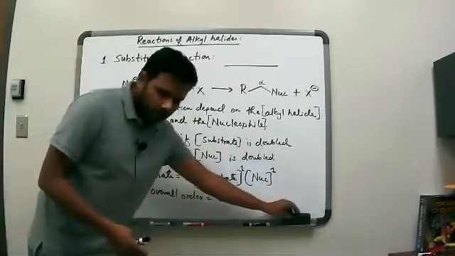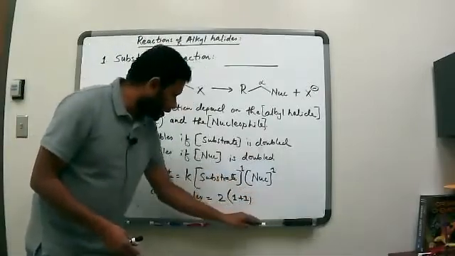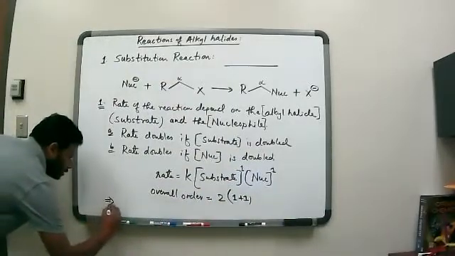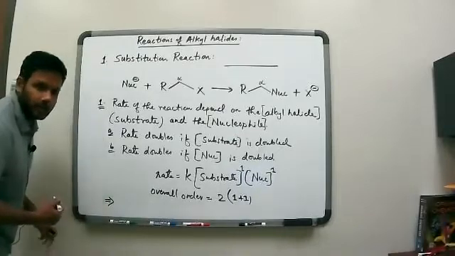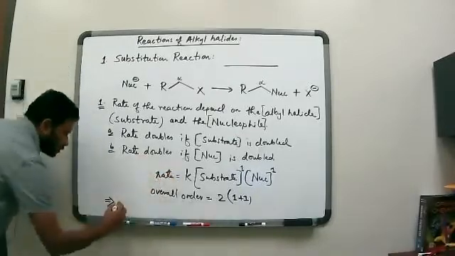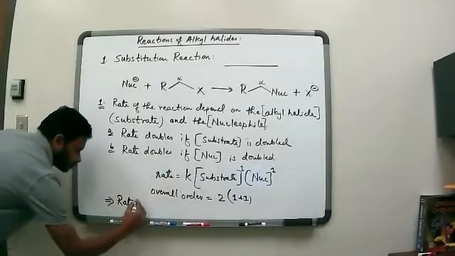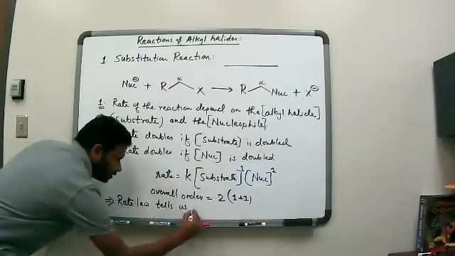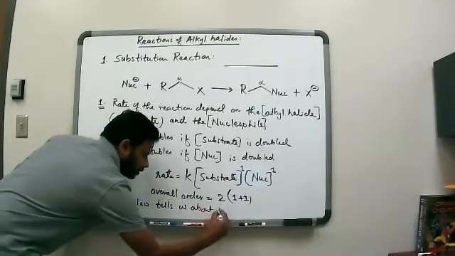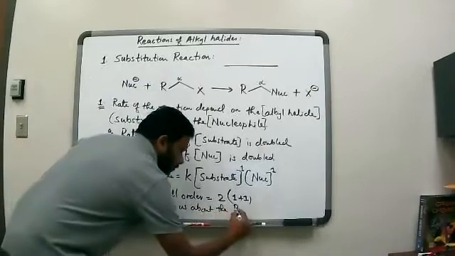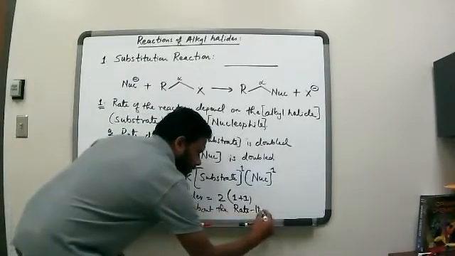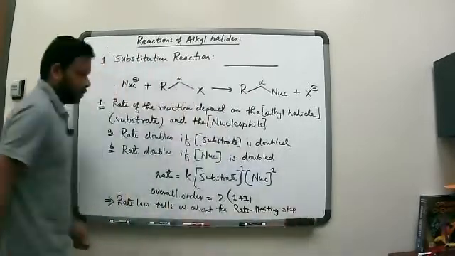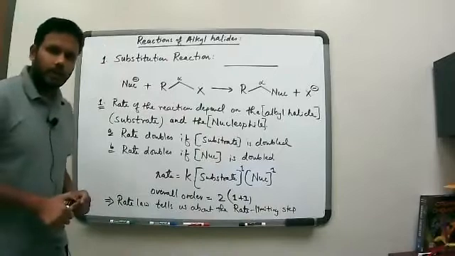Okay, the substrate and the nucleophile have to interact with each other for this reaction to happen. In fact, what's important here is this applies very generally. Generally, the rate law tells us about the rate limiting step.